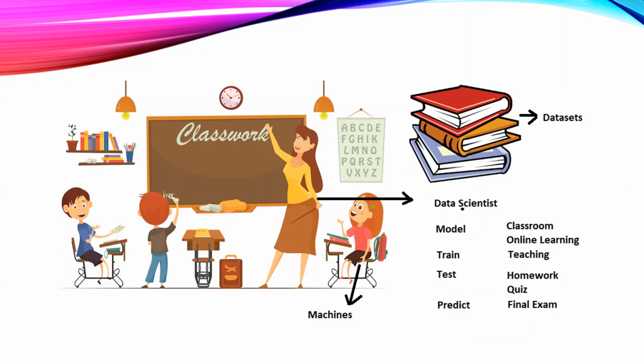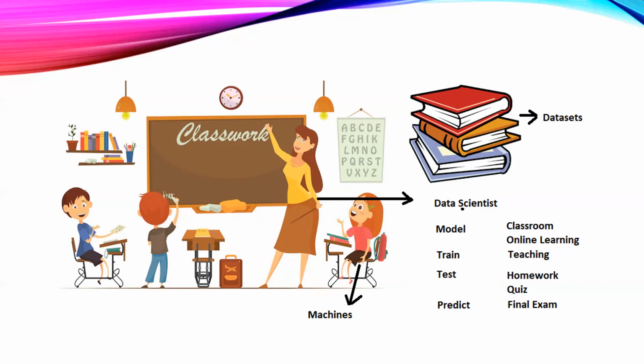And then you will have homework, quizzes, and finally a final exam, right? So in terms of machine learning, these books are your data sets, because you're learning from the data in the books. The teacher is a data scientist, just to give an analogy. And the model is a classroom or an online learning or a syllabus.